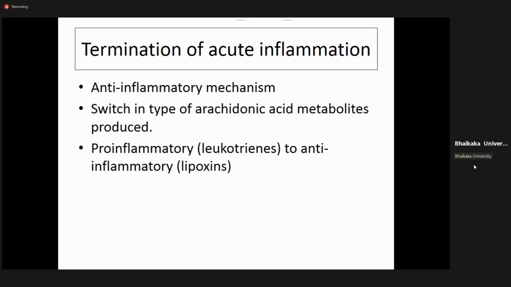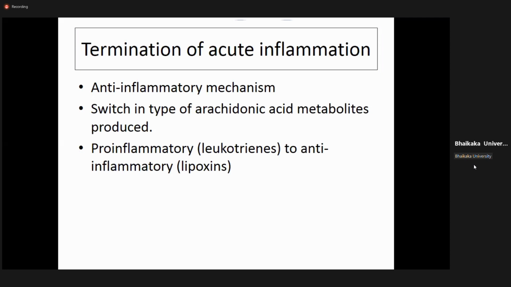The important point here is that there is a switch in the type of arachidonic acid metabolites produced, which are also known as chemical mediators of inflammation, the basis for all the vascular and cellular changes of inflammation.